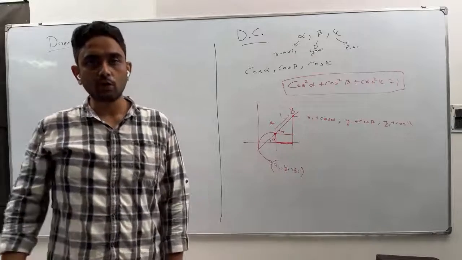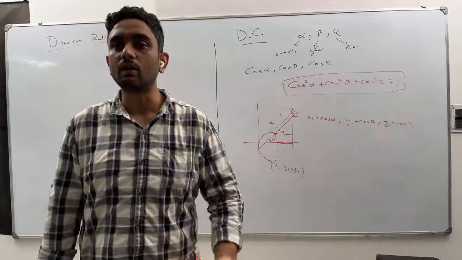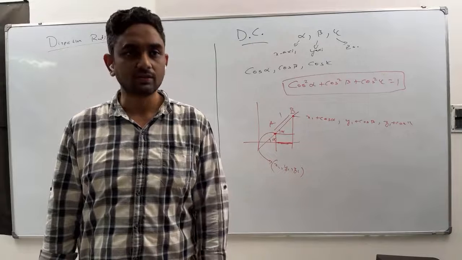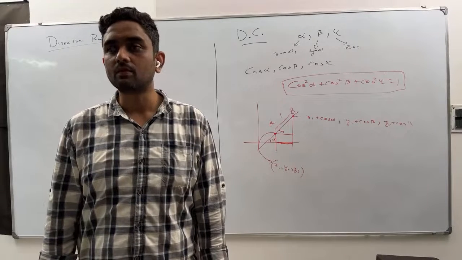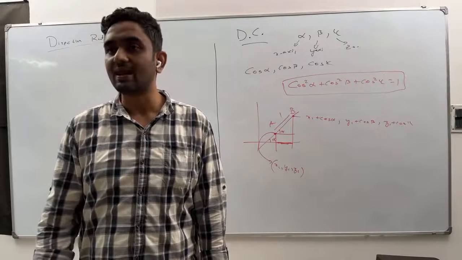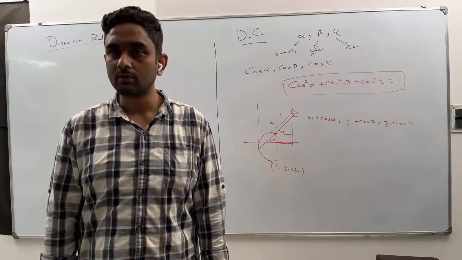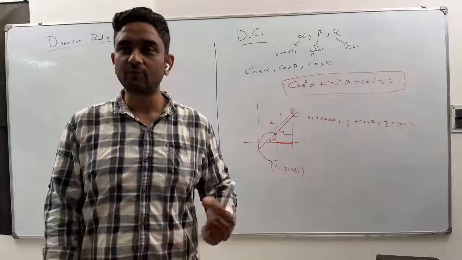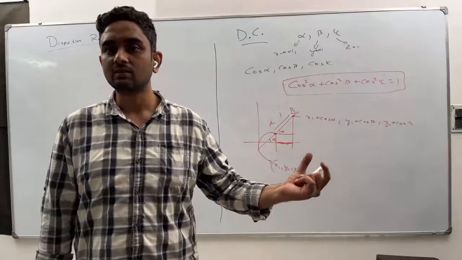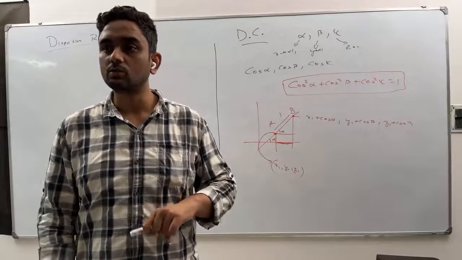Direction ratios are just a multiple of direction cosines. What is the difference between a vector and a unit vector? The magnitude. The direction is the same. Same is the difference between direction cosines and direction ratios.